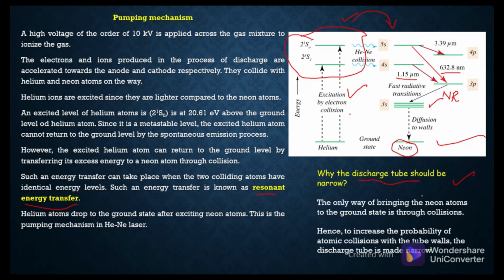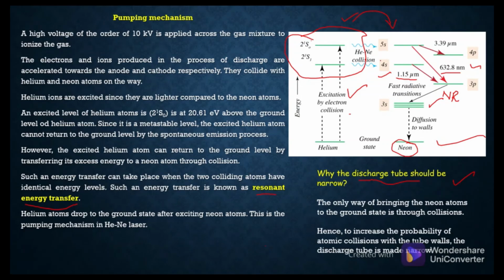That's why it is made narrow. Though two laser radiations, 1.15 micrometer and 632.8 nanometer, are possible, normally one radiation alone, around 632.8 nanometer, is made to come out of the tube by carefully designing the parameters of the tube.